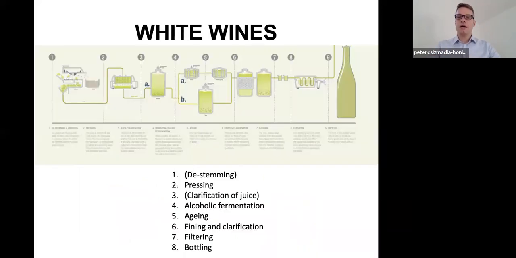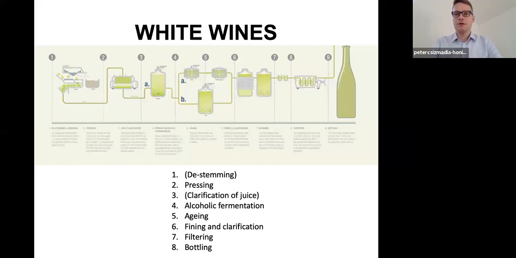Let us then, in the next few slides, consider the various steps involved during the white wine, rosé, and red winemaking process. So we've got the grapes into the cellar during the harvest, and they are bunches of grapes.